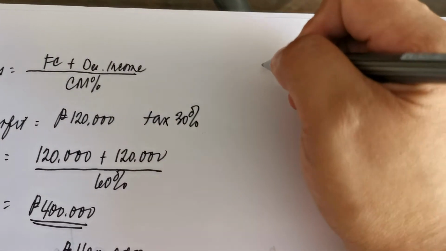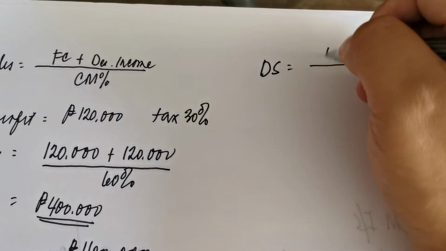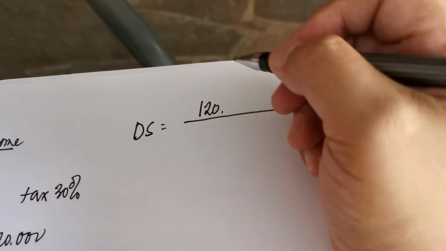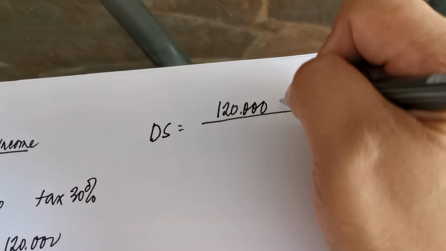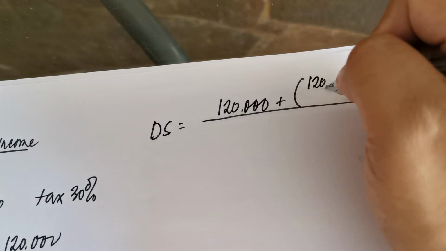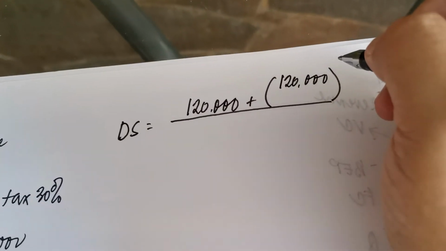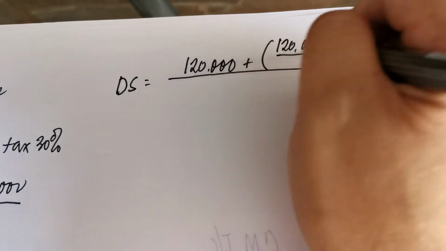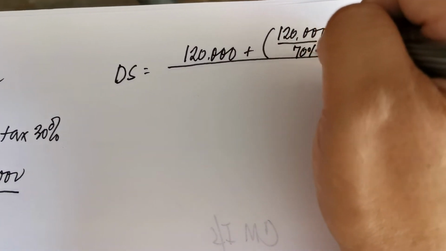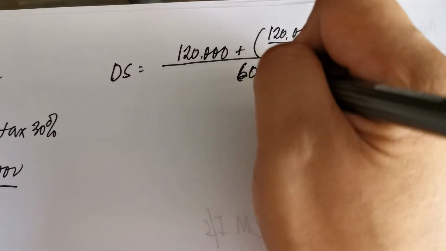So again, the desired sales is equal to your fixed cost, which is 120,000, plus the desired profit of 120,000. But remember, this is already net of the tax, and the tax is 30%. So 1 minus 30% is 70%, divided by 60%.